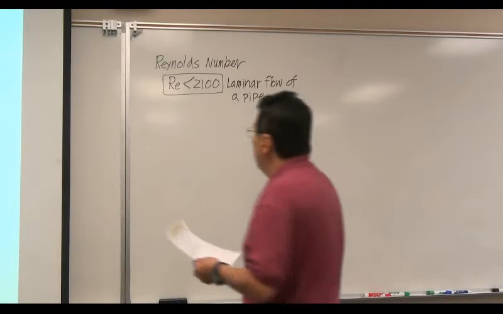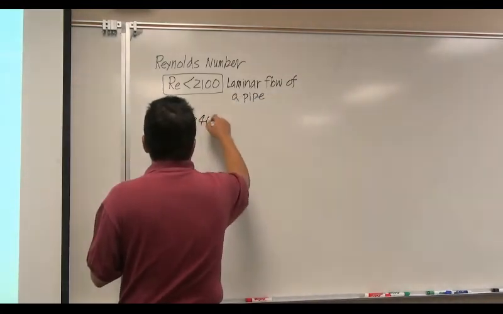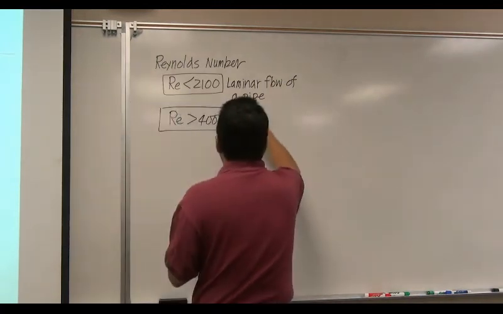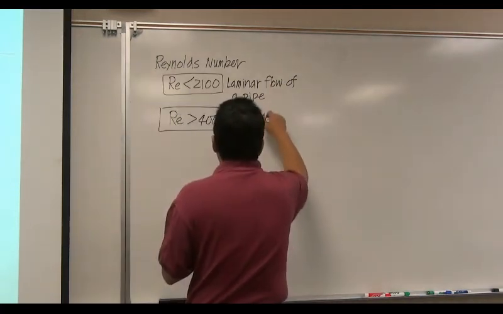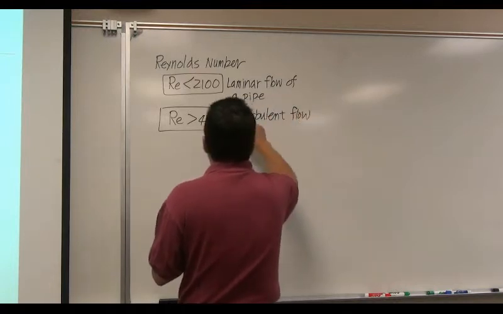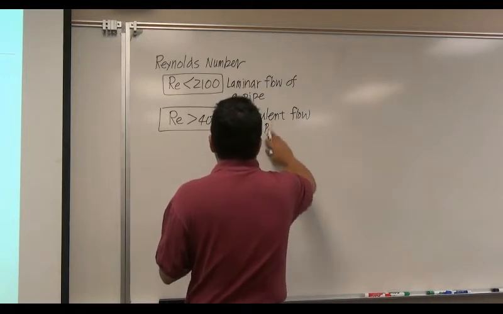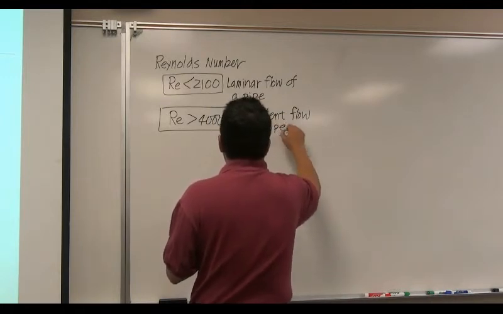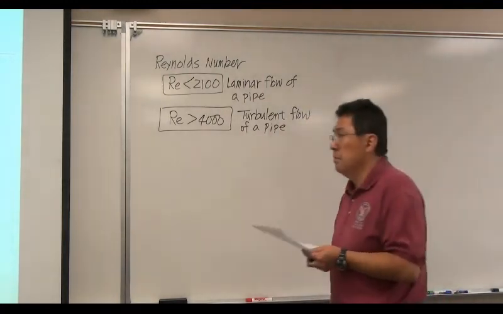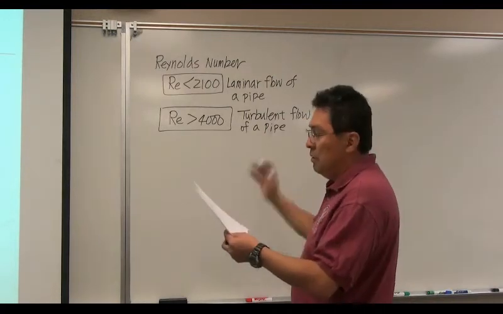If the Reynolds number is more than 4000, this is called turbulent flow. Okay? Anything in between will be called transitional. So in this case, is the flow laminar or turbulent?